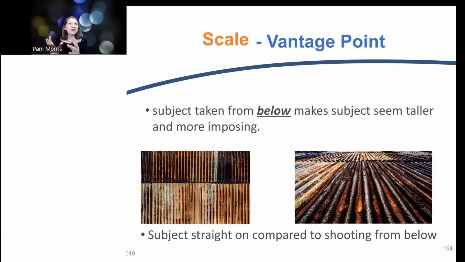I love the textures and the colours within the wall, but I got down low and very close and shot up with a wide angle lens. So we get a lot of those leading lines, but it also gives a sense of power and height and a completely different emotional feel by using that vantage point. So depending on the vantage point, we can give a different perspective of scale.